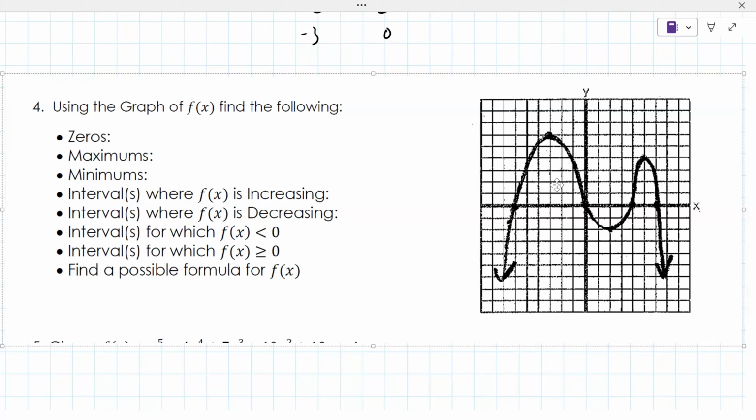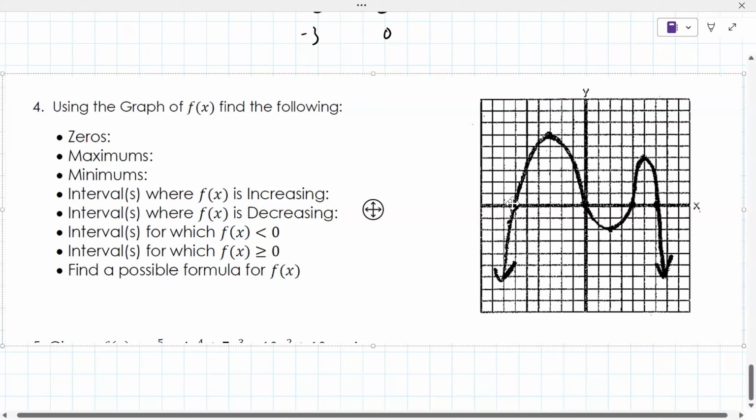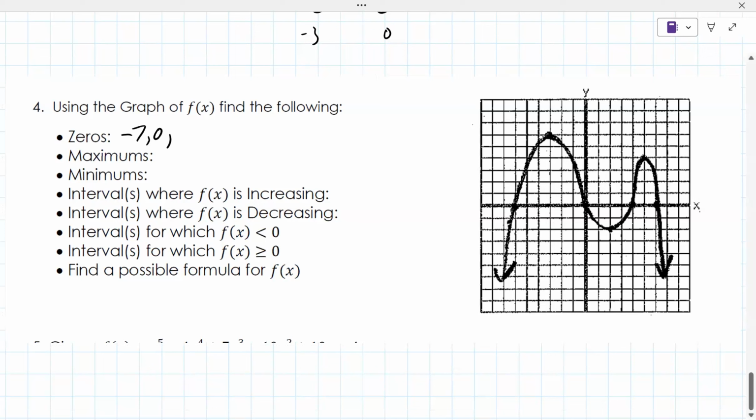Yeah, the zeros are, reading left to right, at -7, 0, 4, and 6.